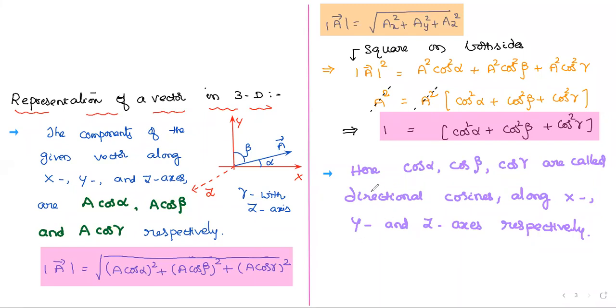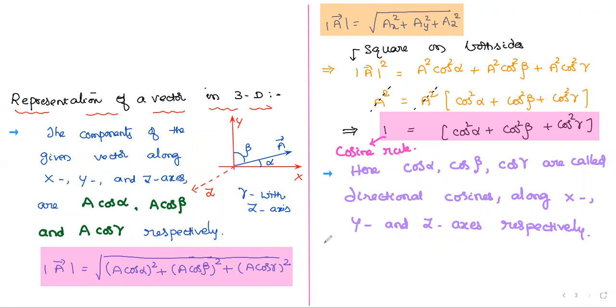This is one more result we require. This is what we say cosine rule, in vectors, not in geometry. It is not the cosine rule in geometry, it is the cosine rule in vectors: cos square alpha plus cos square beta plus cos square gamma equals 1.